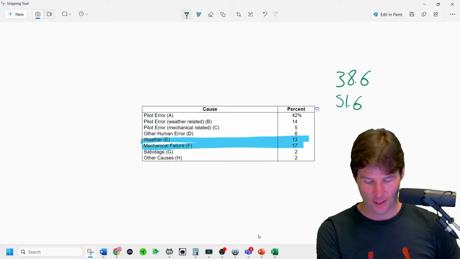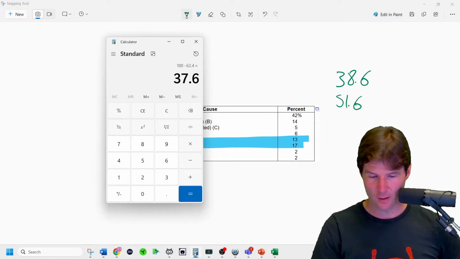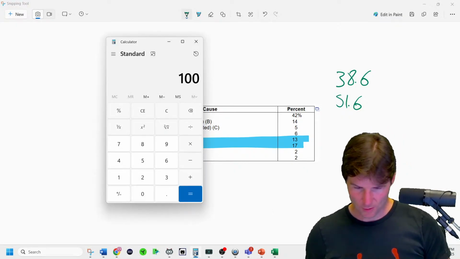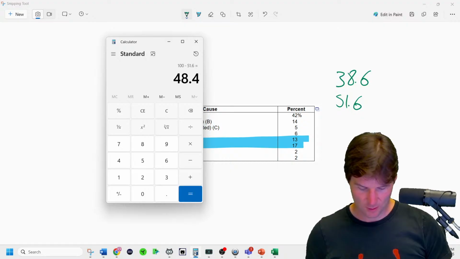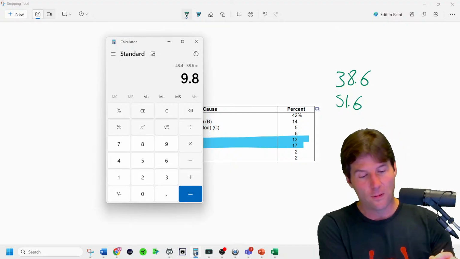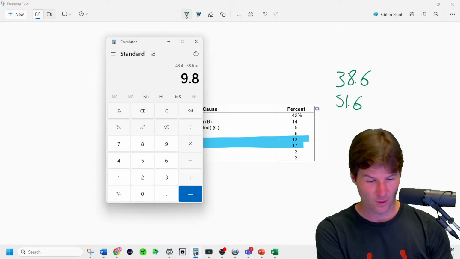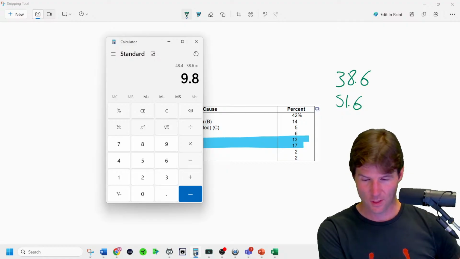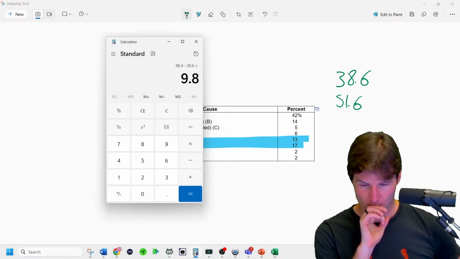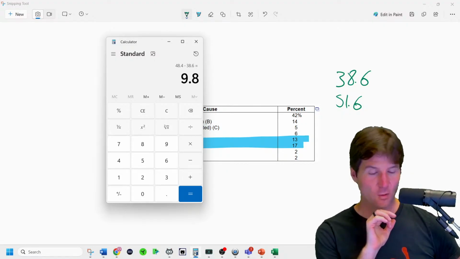And then you have the remainder. So 100 minus 51.6 minus 38.6, you get 9.8. So is that right? No, something went wrong. Double check. I guess that's right. It is right. Okay.